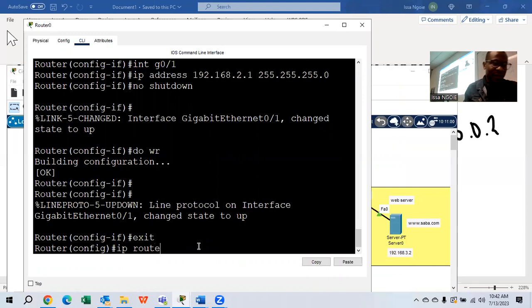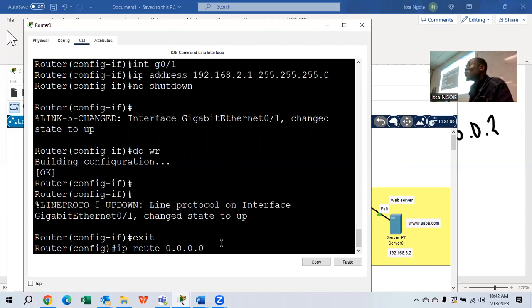IP route. Now this time around, we don't specify the destination network, right? We just put four zeros. Those four zeros will tell you about what? Any network.